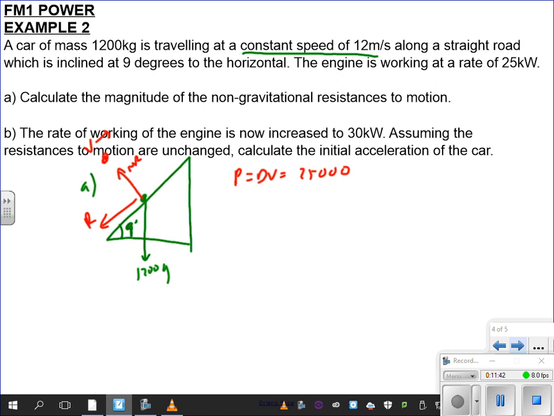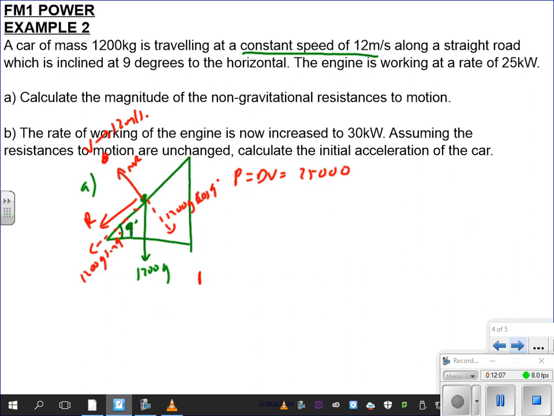It's saying constant speed at the moment of 12 meters per second. Okay. Remember, I need to add my other forces in here so I can get all my information together. So G sine 9 degrees, great. Okay. So P equals dV.